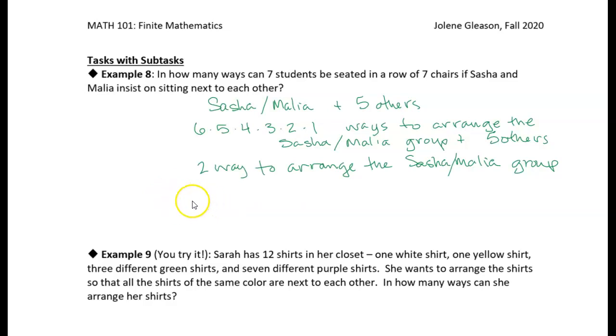So we essentially have 6 times 5 times 4 times 3 times 2 times 1 ways to arrange the 5 people plus the Sasha Malia group, and then 2 ways to arrange the 2 people within the group. If we multiply that all together, we end up with 1,440 ways. All right, so take a look at the next one, give it a try, and I'll meet you next video to go through it.